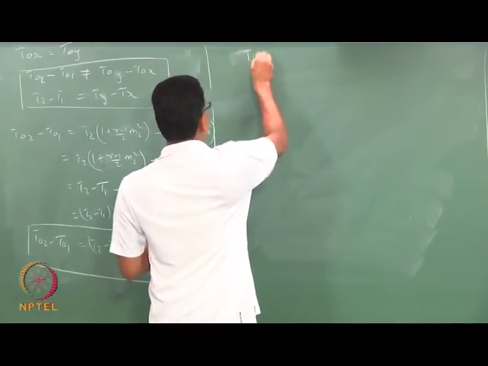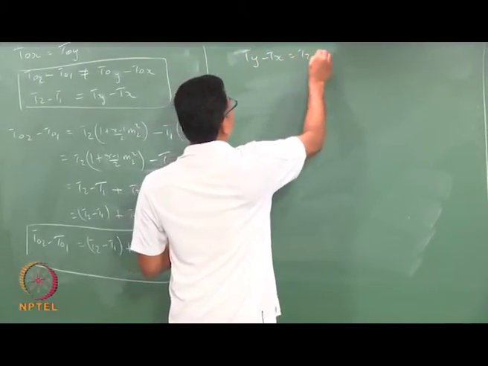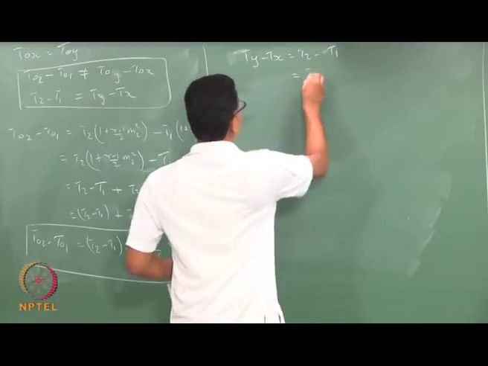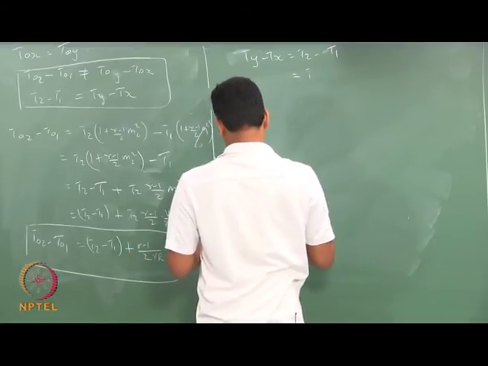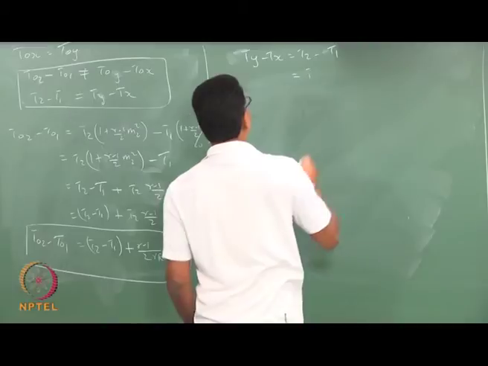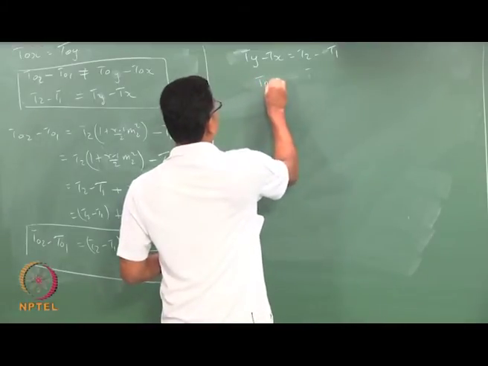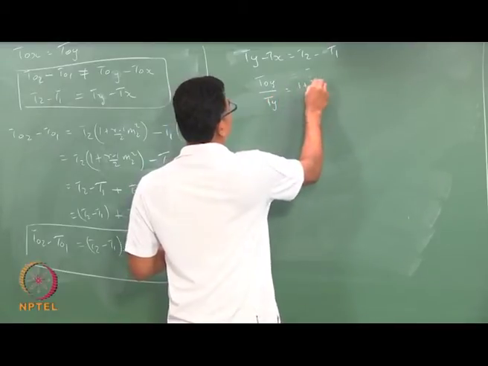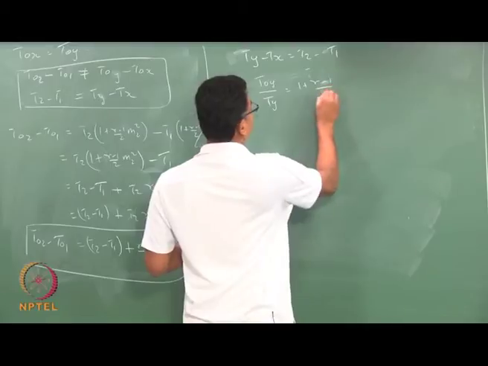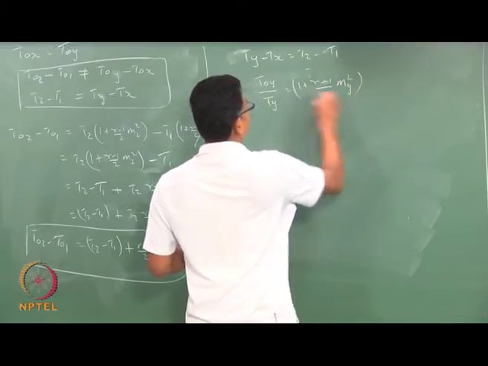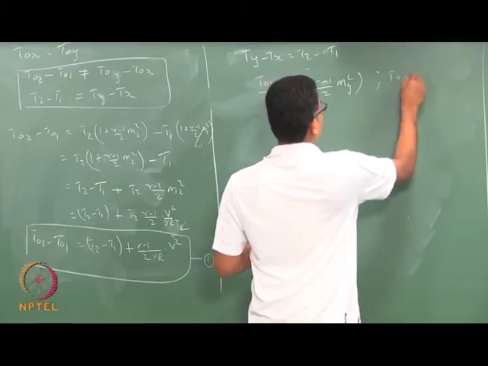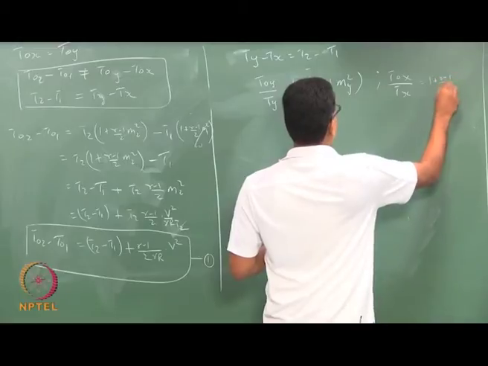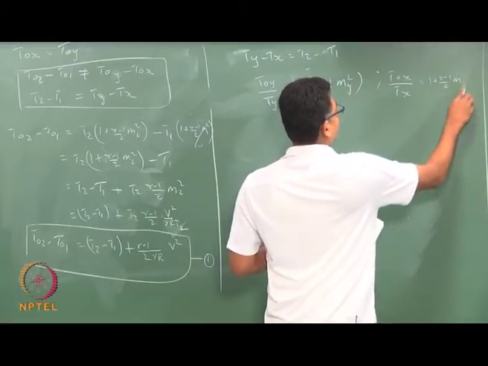Now, I would try to find T2 minus T1. So, my Ty minus Tx is my T2 minus T1. T0y by Ty is 1 plus gamma minus 1 by 2 into My square, and T0x by Tx equals 1 plus gamma minus 1 by 2 Mx square.